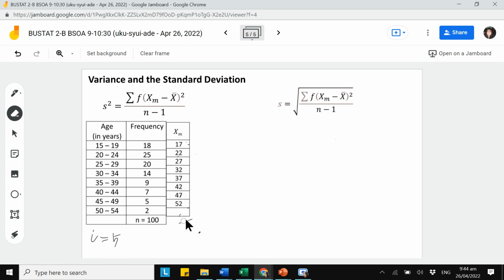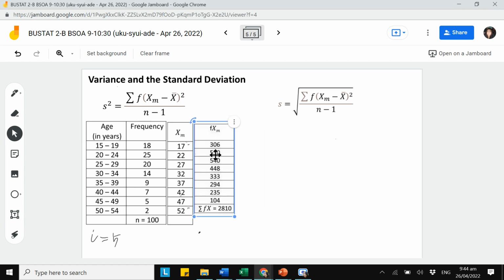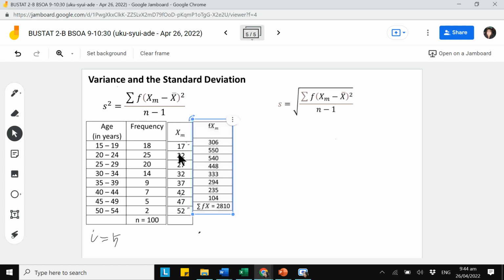And then the next that you're going to get is the, kunin natin yung F times XM. So, by doing that, you just simply multiply the frequency times X with a class mark. So, ito na po yung panibago nating table for that.